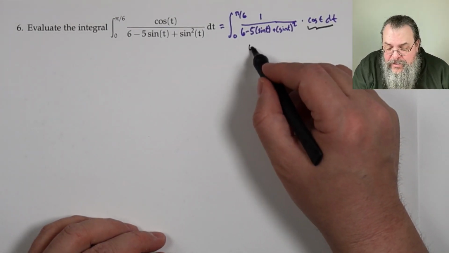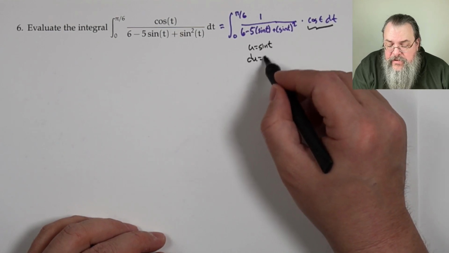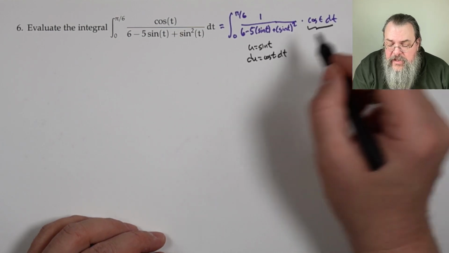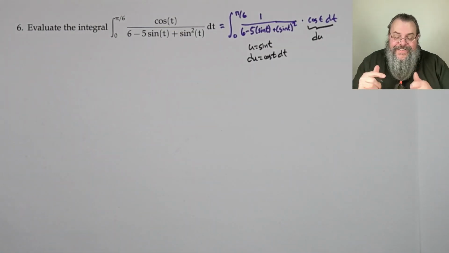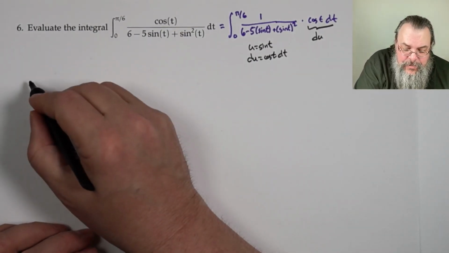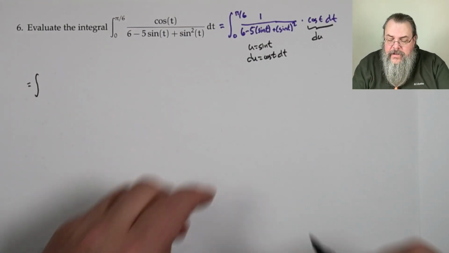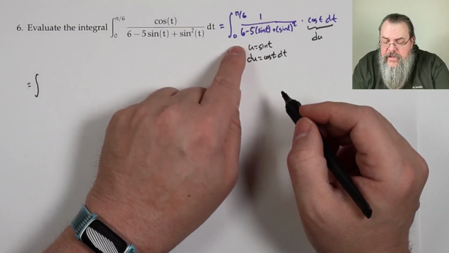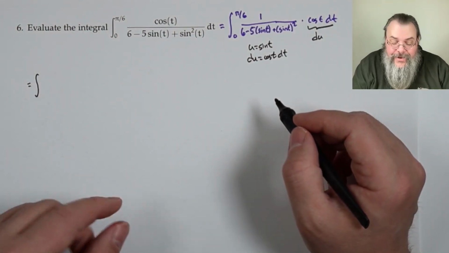So if we put u equals sine t, du equals cosine t dt. Nice. So this will become, if we update and plug in our bounds, sine of 0 is 0. Good.